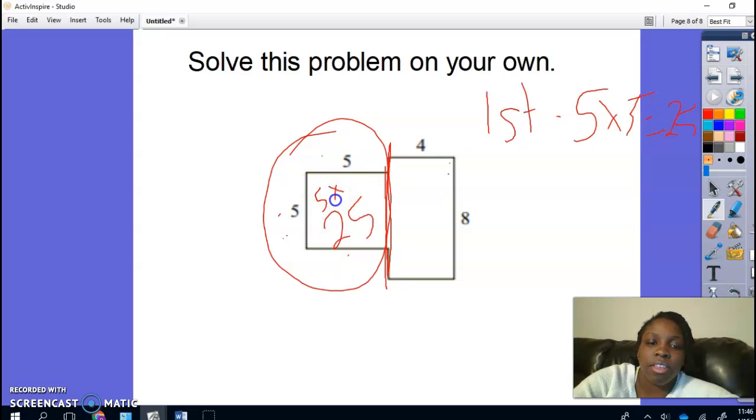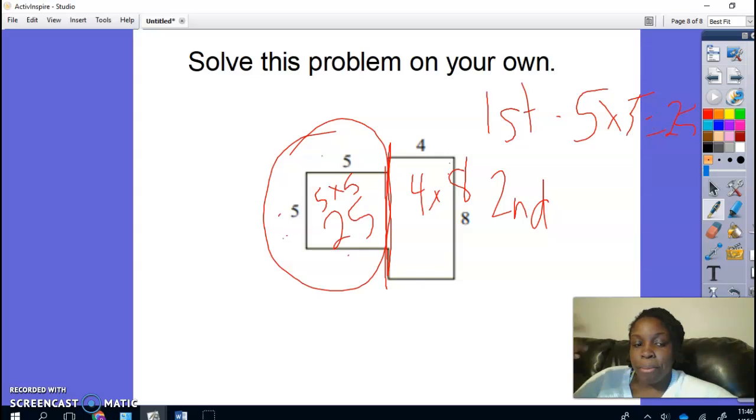So this is the area of my first rectangle. The area of my second rectangle is 4 by 8. Sometimes you might hear "by." That's the same thing as times. So 4 times 8, which is 32. So that's my second area.